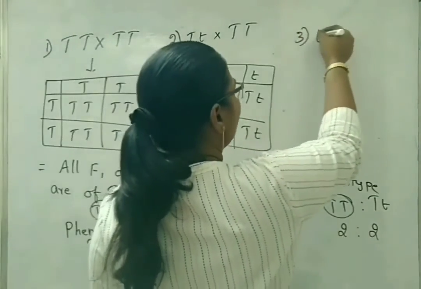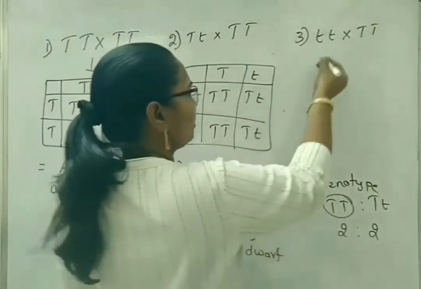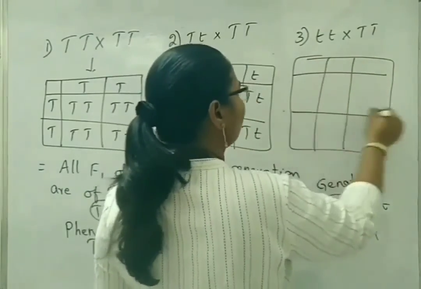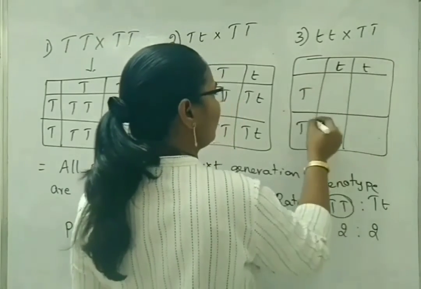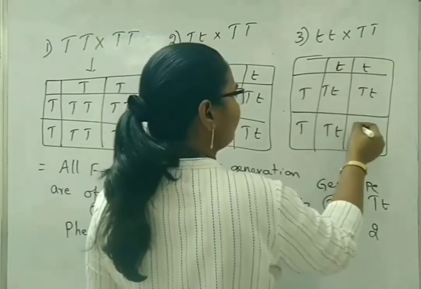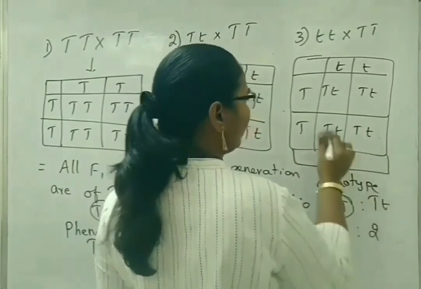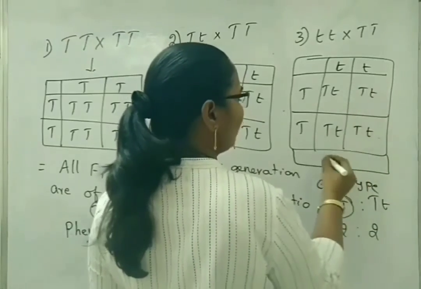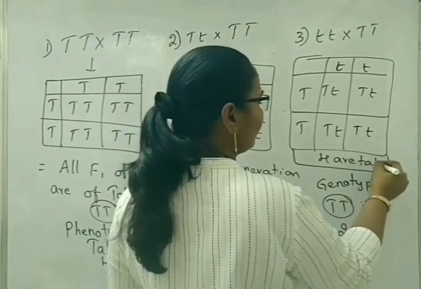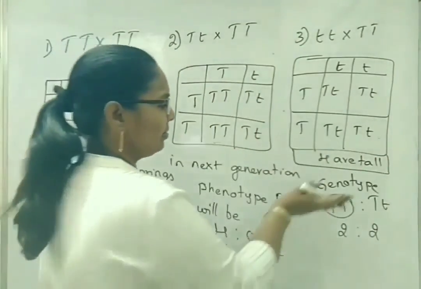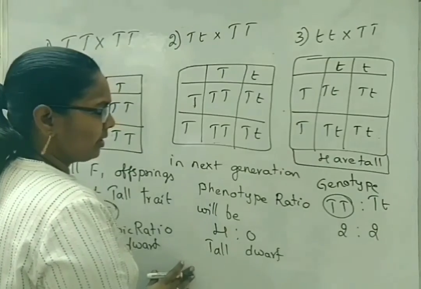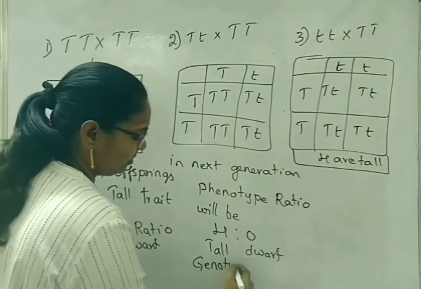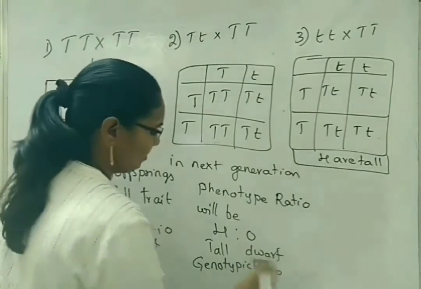Next, third possibility, if you take like this, then if you draw the Punnett square, small t, capital T, capital T. So the ratio, if you take, all are showing 4 are tall. 4 are tall. Here also, if you write the genotypic ratio here, then it will be good, I think.